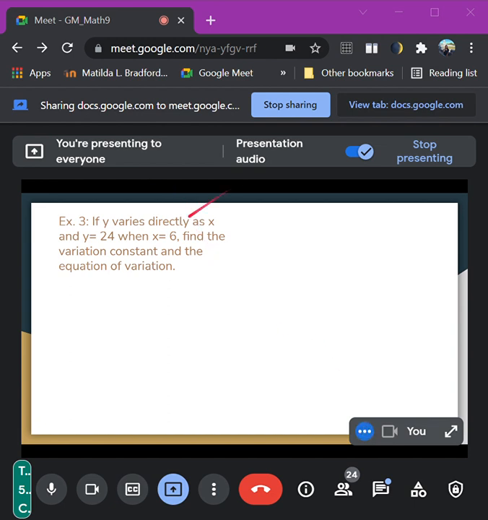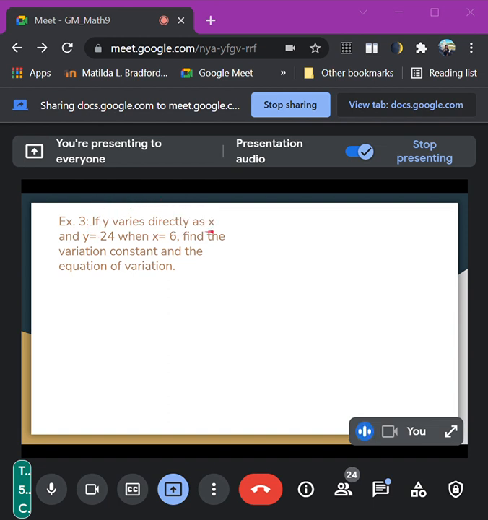If we are going to have a problem, class, we are going to read it bit by bit. So let's start with: if y varies directly as x, and we stop here. If y varies directly as x, you can make this one into an equation first.